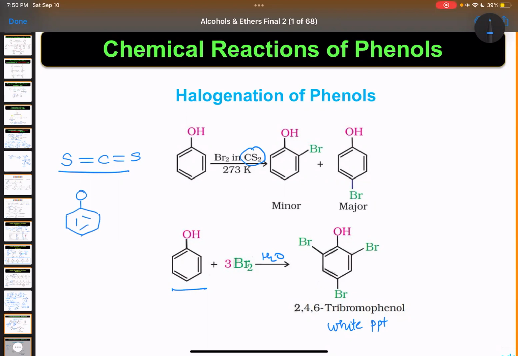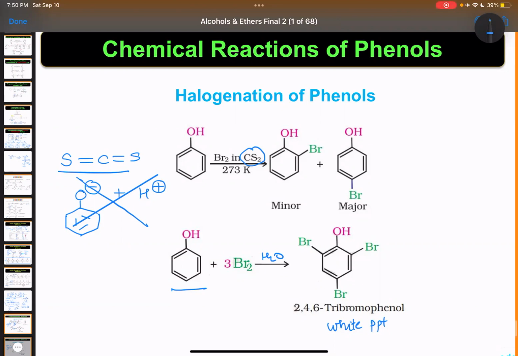Okay, so it will not let the phenol ionize, because if it ionizes, it forms charges, O minus and H plus. That can't happen in carbon disulfide. Carbon disulfide is a non-polar solvent. It will not let the phenol undergo ionization, because non-polar means that it doesn't have charges.